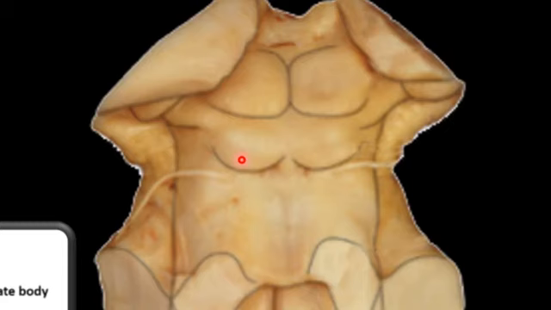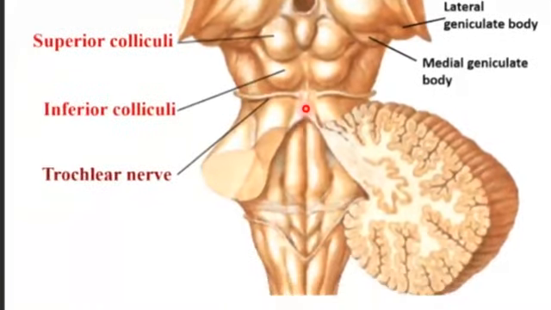Now each colliculus is related laterally to a ridge that is called the brachium. Also in this image, we see the superior colliculus and the inferior colliculus, and we also see the brachium. So we have two: the superior brachium and the inferior brachium. The superior brachium connects the superior colliculus to the lateral geniculate body.